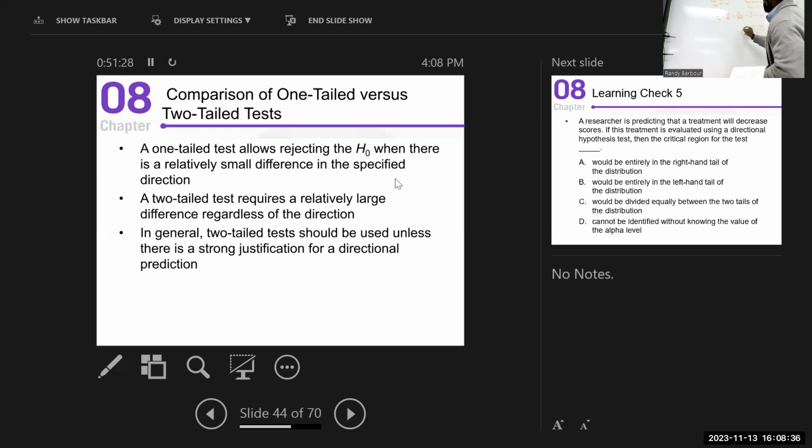That's my Z. So you have 3.8 over 1.5, which gives you 2.53.